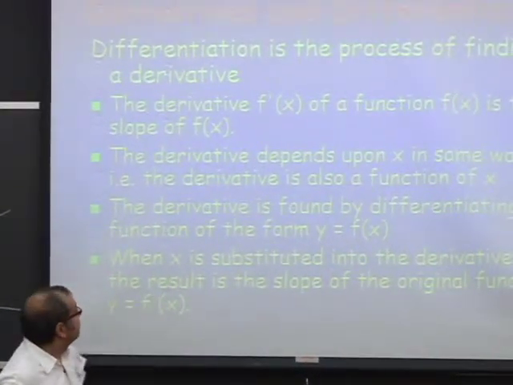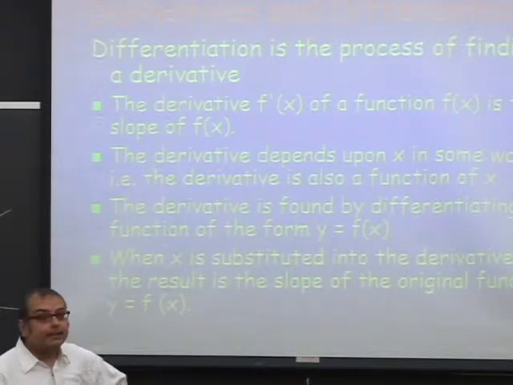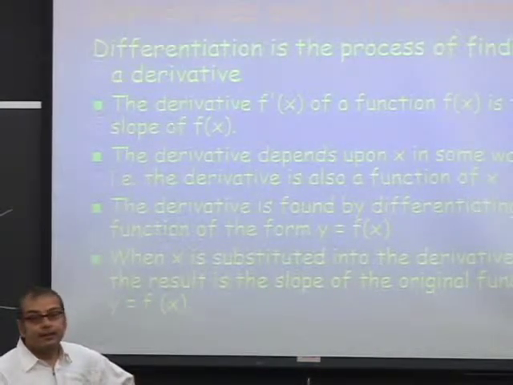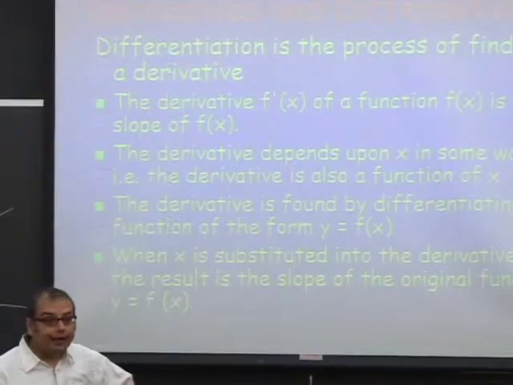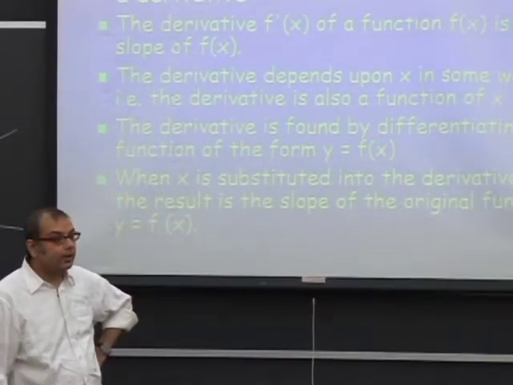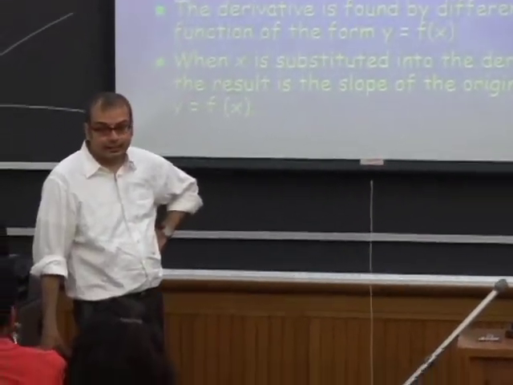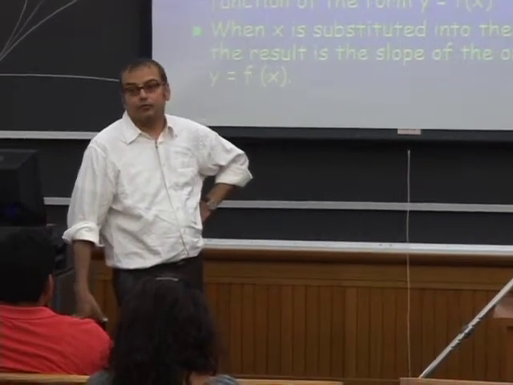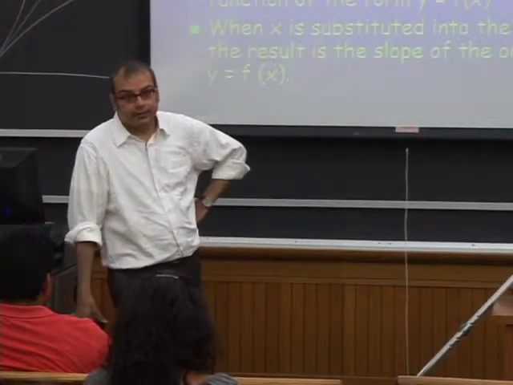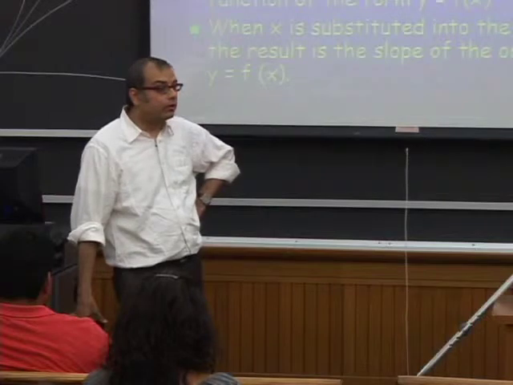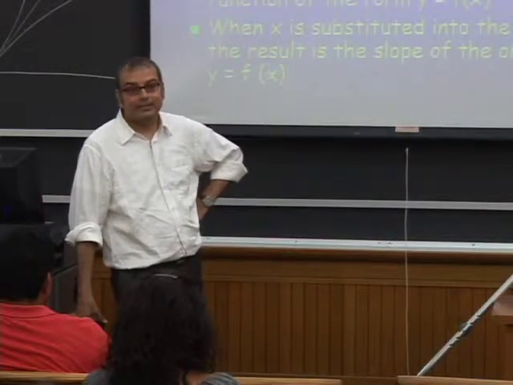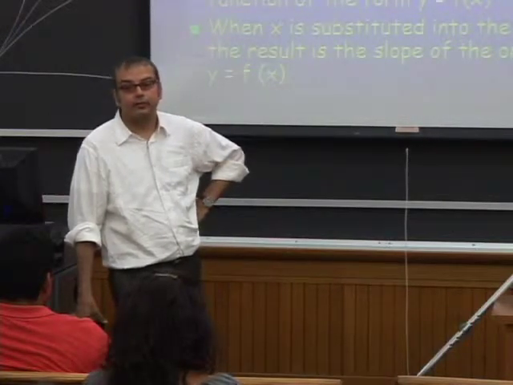The process of differentiation, what's that? That is the process of finding the limit of the slope of the secant line, or the process of finding the derivative, or the process of describing the slope of a nonlinear function.